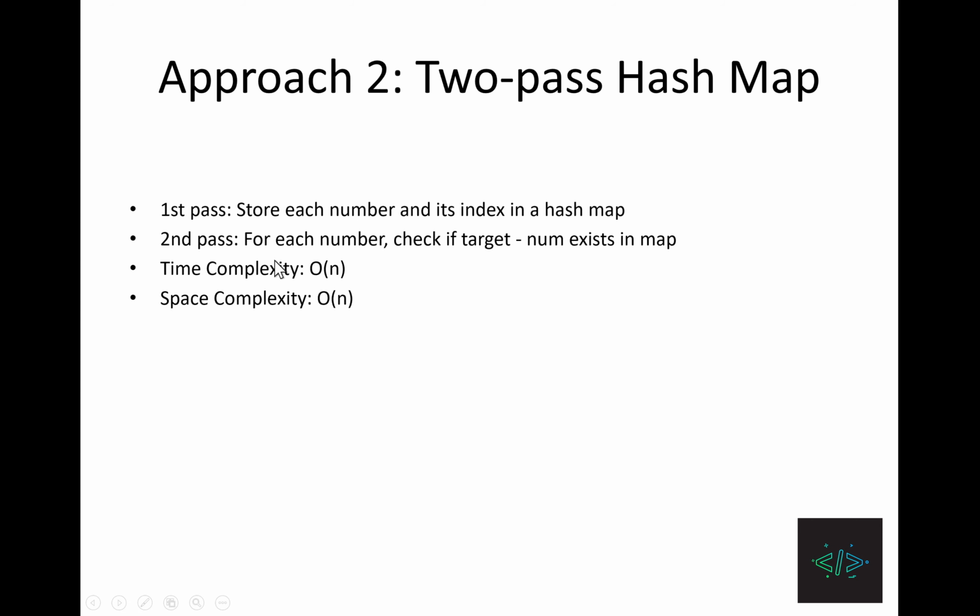In the second pass, suppose the target is 9 and we are given 2, then we need 9 minus 2, which is 7. If the element 7 is present in the hash map, we will return its index along with the given number.